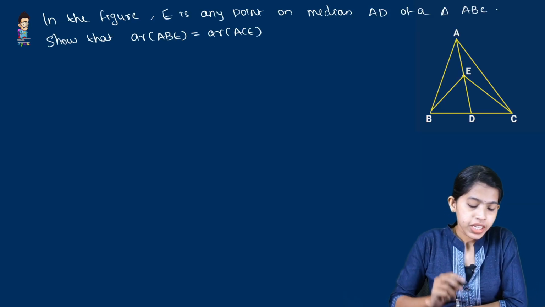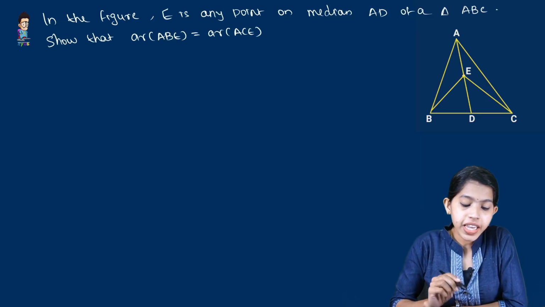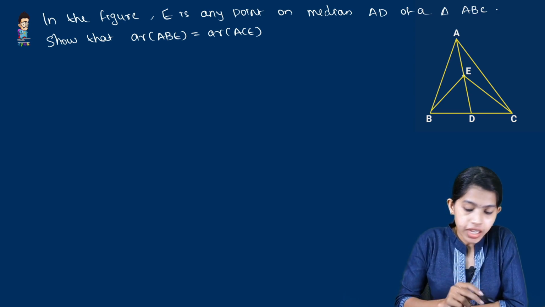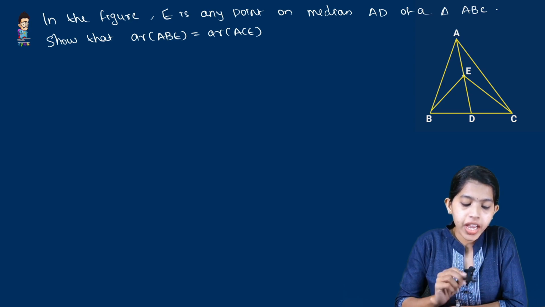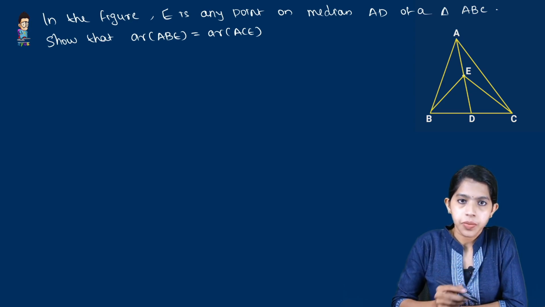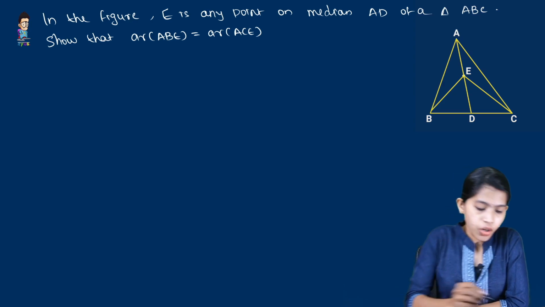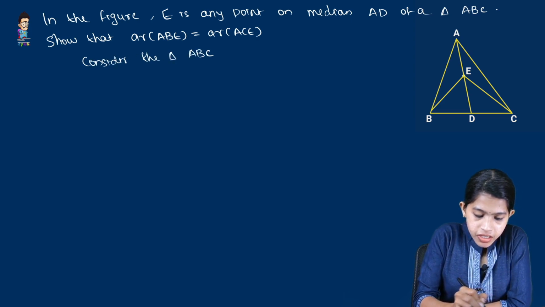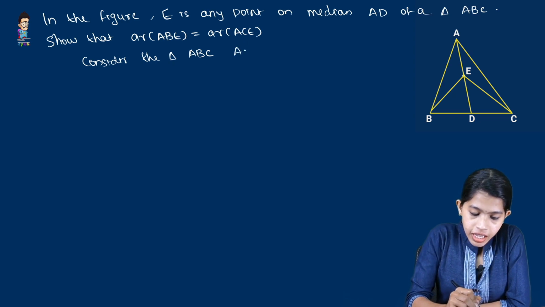Consider the problem. In the figure, E is any point on median AD of triangle ABC. Show that area of triangle ABE is equal to area of triangle ACE. Now, consider the triangle ABC and AD is the median.